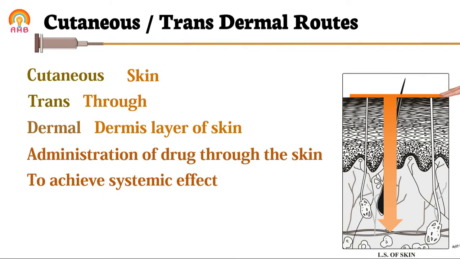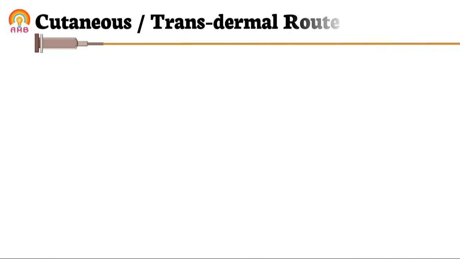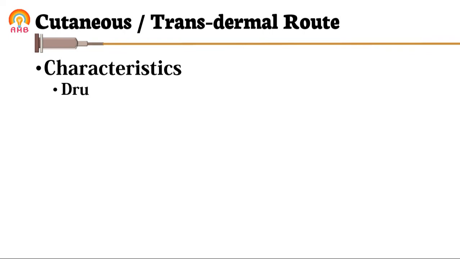The drug which is to be applied on the skin for systemic administration by this cutaneous or transdermal route should have some characteristics. The first important characteristic is that it should be highly lipid soluble, as it should cross the lipoidal barrier of the skin.